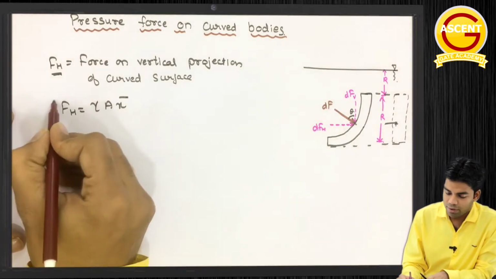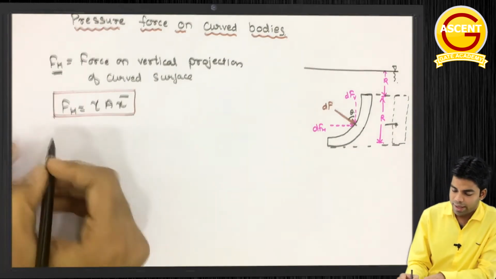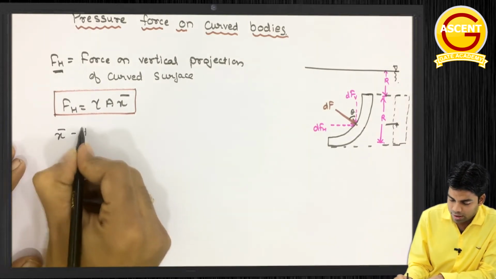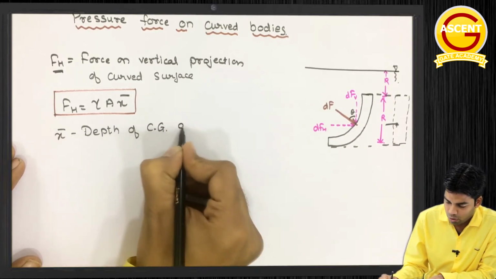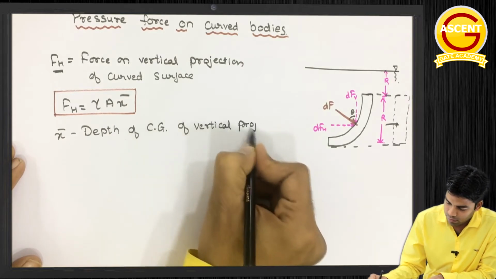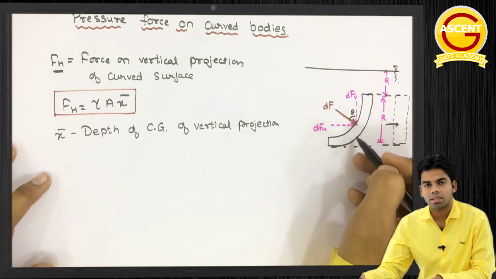The value of this Fh will be equal to gamma A x bar, where x bar, very important thing, is the depth of the center of gravity of the vertical projection. Now you don't have to determine the center of gravity of this curved plate.